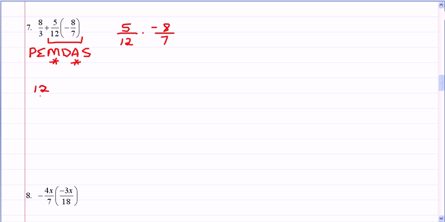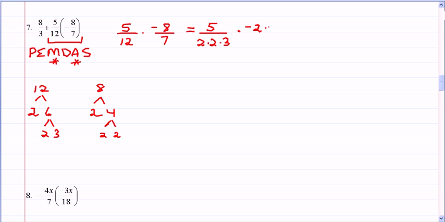I take 12 and I write the prime factorization, and then the other number that's not prime is 8. So I can rewrite this as 5 over 2 times 2 times 3 times negative 8, which is 2 times 2 times 2, over 7.